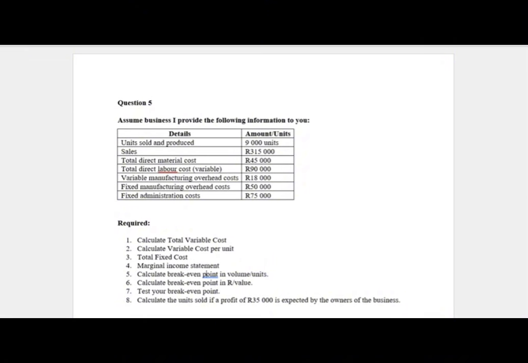So our sales is total sales. We're going to put it under total there, 315,000. And then we have to less our variable cost. Number 1, we have calculated it, it is 153,000.